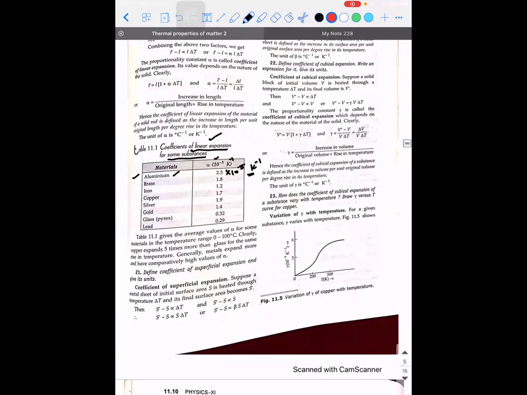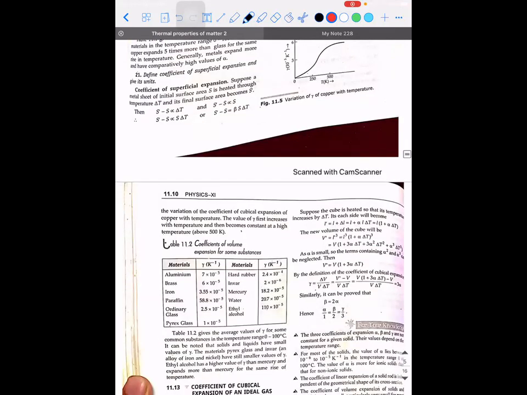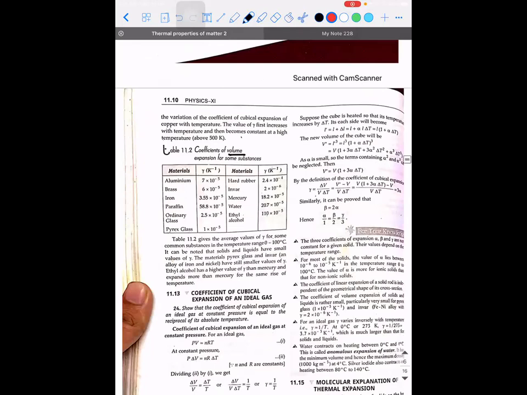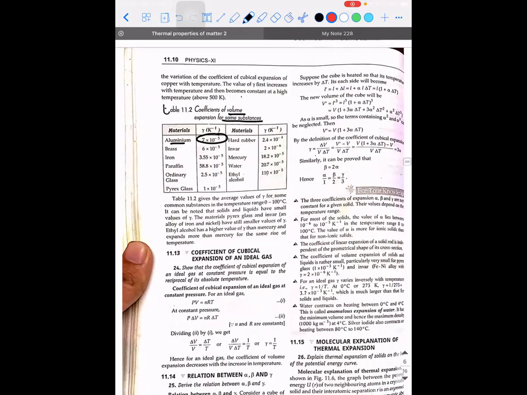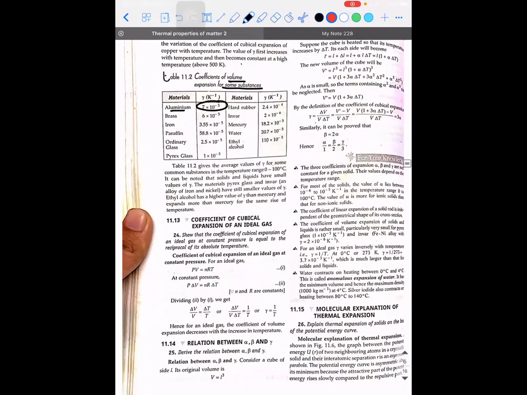Why I'm stressing this point is, for example, if I take the coefficient of volume expansion for aluminum, it is 7 into 10 power minus 5. Look at it, it's very, very small, right? So when this is the case, wherever you have a question with alpha square, alpha cube, you're seeing these kind of questions, no?